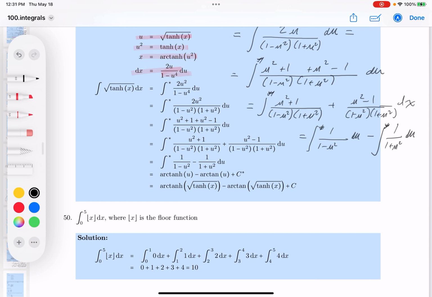All right, what's the first guy going to be? It's the inverse hyperbolic tangent of u. I recognize the other guy as being the arctan.